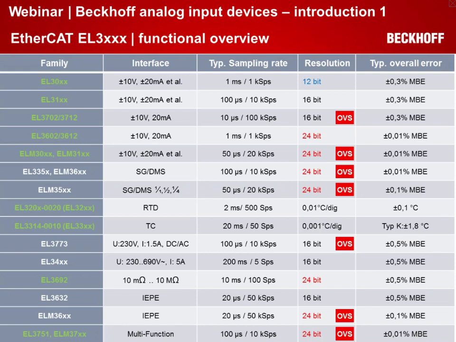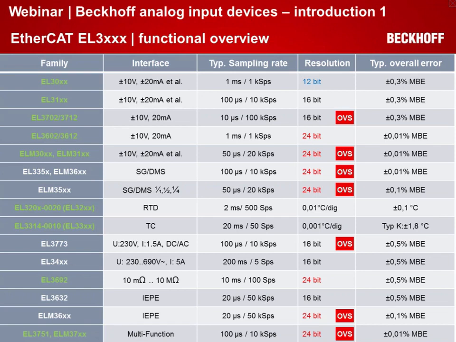An important point here: high resolution does not automatically mean that this is a precise terminal. When you use electronics with a high resolution, it's easier to achieve a very high accuracy in the module, but high resolution does not automatically bring you a very precise module with a very low error.